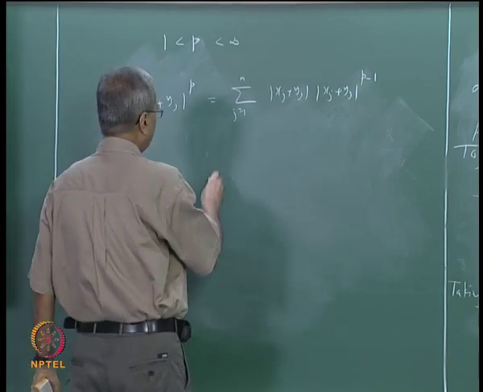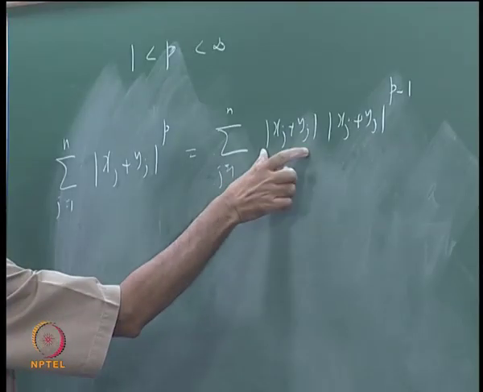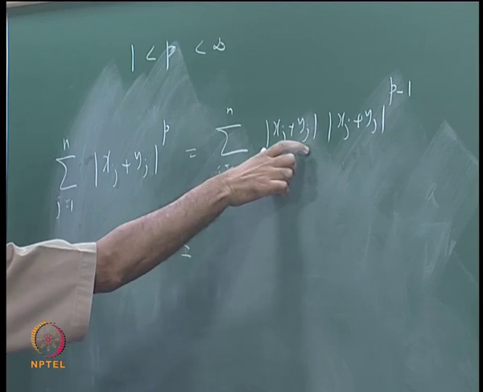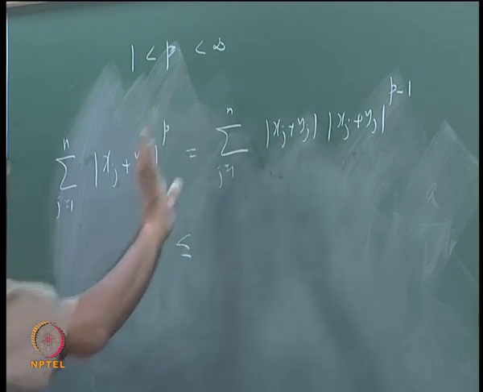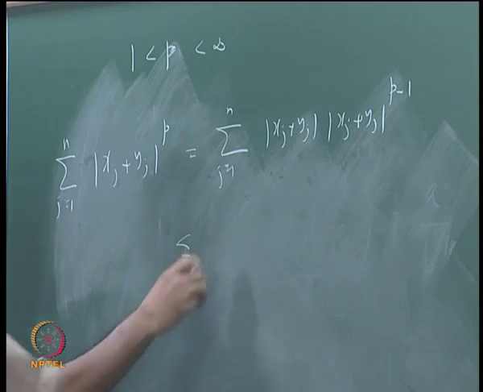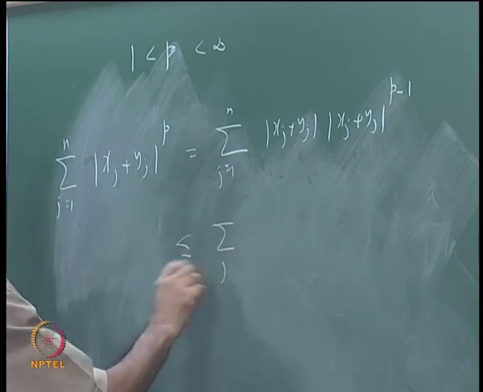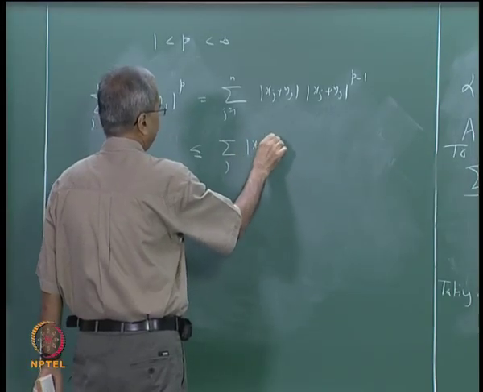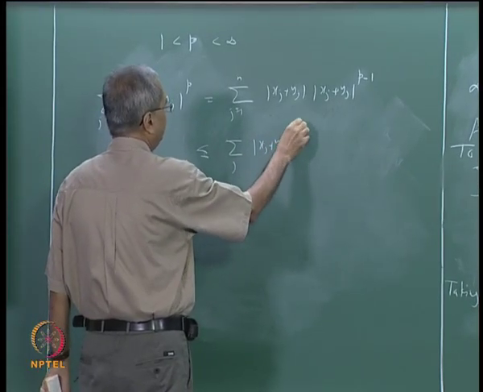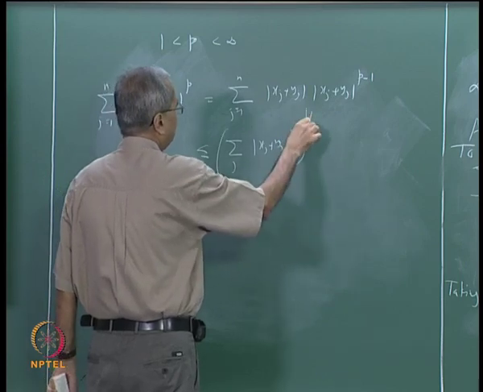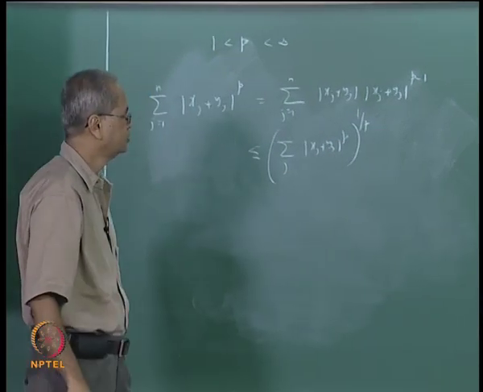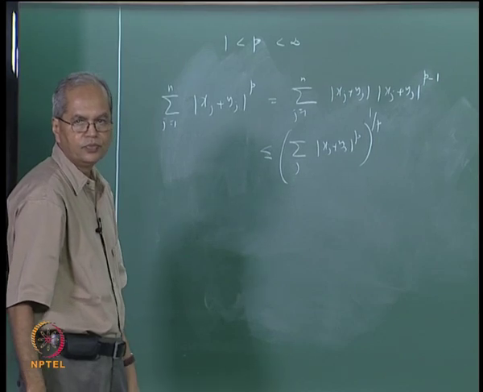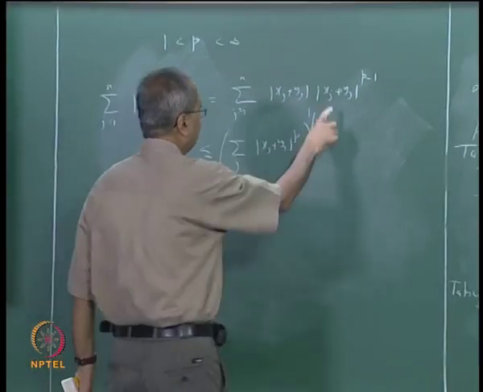So for this product I will now apply Holder's inequality. So what follows from here? For this I should raise to p, take the sum and then raise the whole thing to 1 by p. So this is sigma over j, I will forget about the 1 to n, mod xj plus yj raised to the power p, whole to the power 1 by p. What about this?